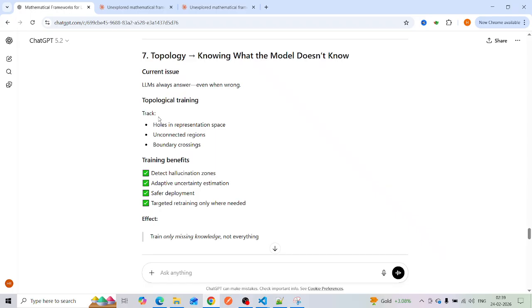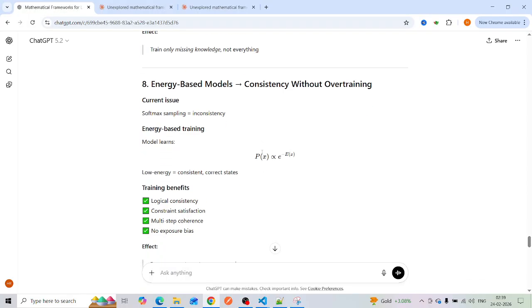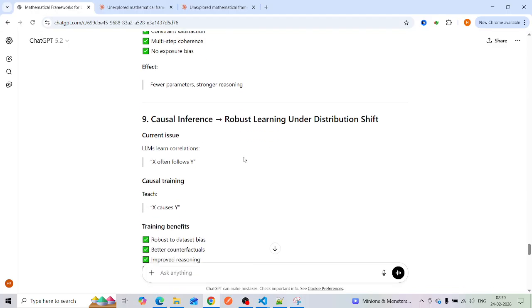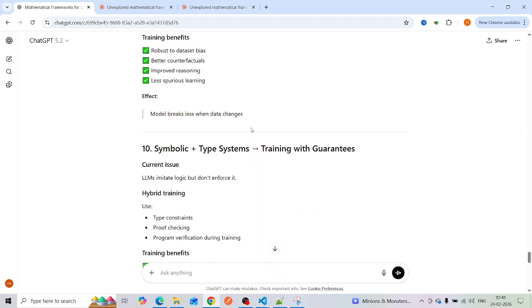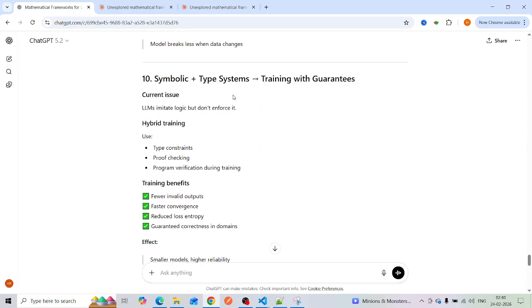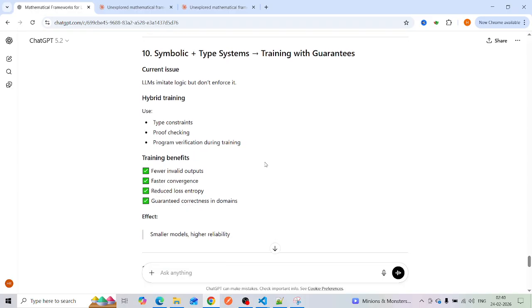Topological training tracks holes in representation space, unconnected regions, and boundary crossings. Then energy based models, consistency without overtraining. Causal inference, robust learning under distribution shift. Symbolic type systems, training with guarantees.